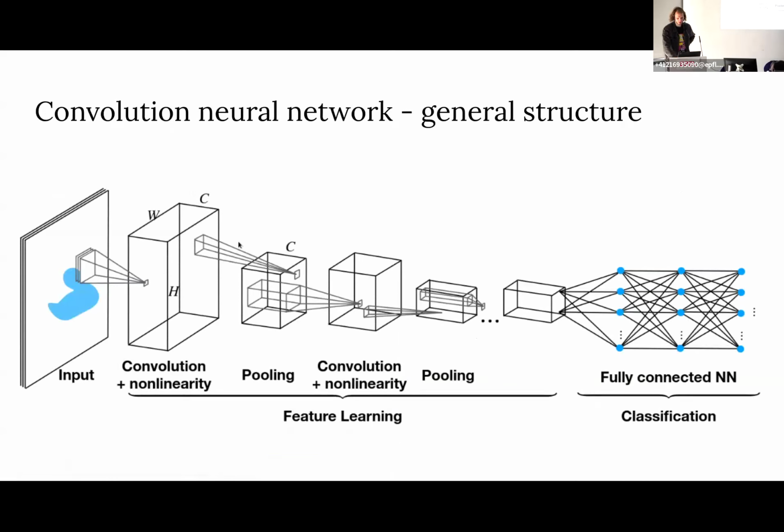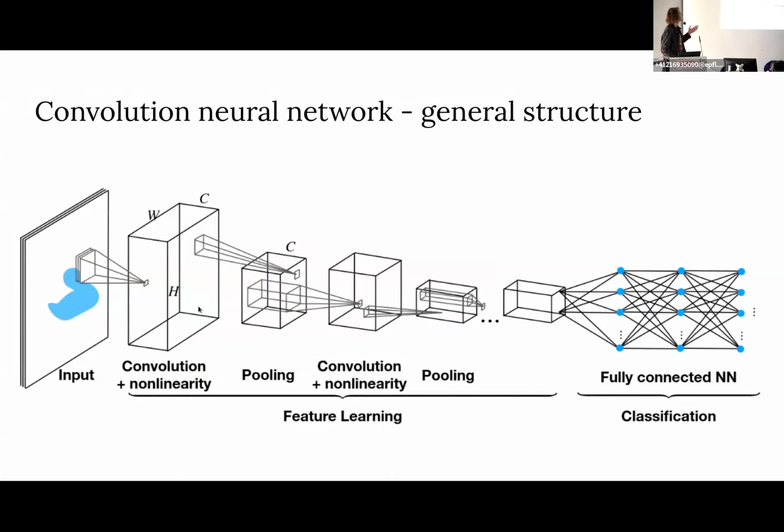So your convolutional neural network usually looks like this. You have your input, then you apply convolution plus nonlinearity, then probably you apply some pooling to just reduce the dimensions. Maybe then again some convolution, maybe some other pooling.